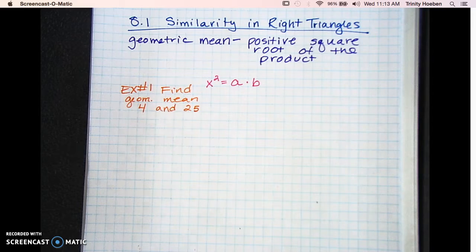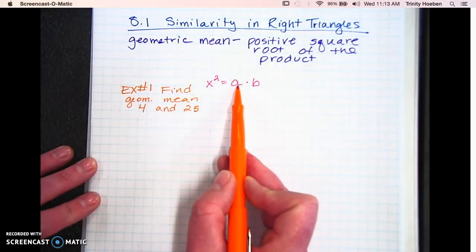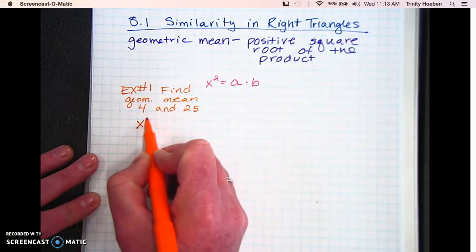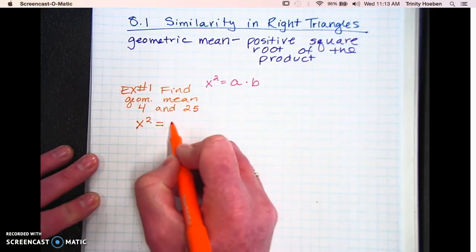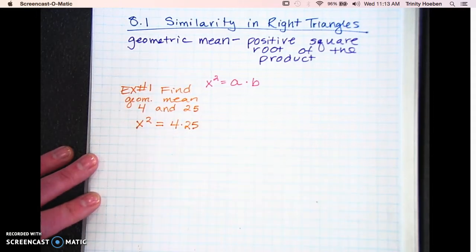And that would take you a long time to add them all together, okay? But with the geometric mean, they're always just going to give you 2 numbers, and you simply plug those 2 numbers in for A and plug them in for B. So in this case, you're going to have x squared equals, and then the 2 numbers, 4 and 25, put a dot between them to indicate multiplication.